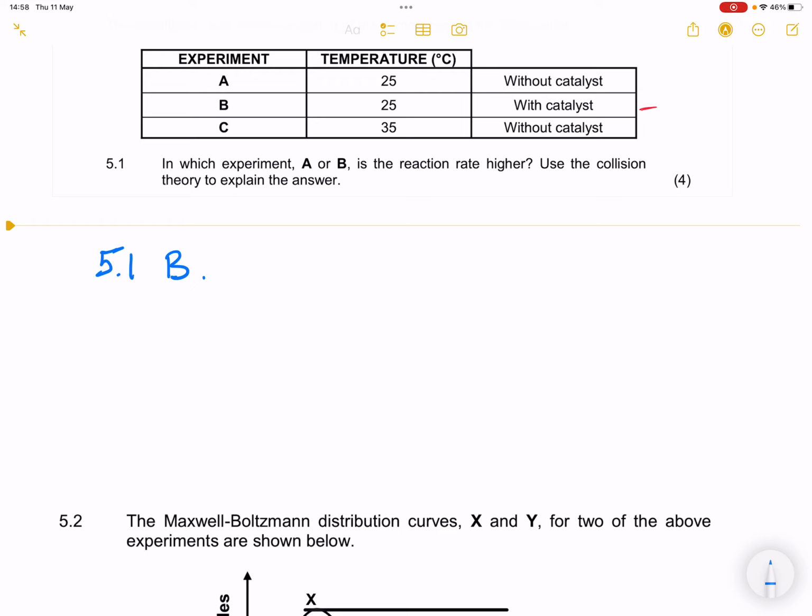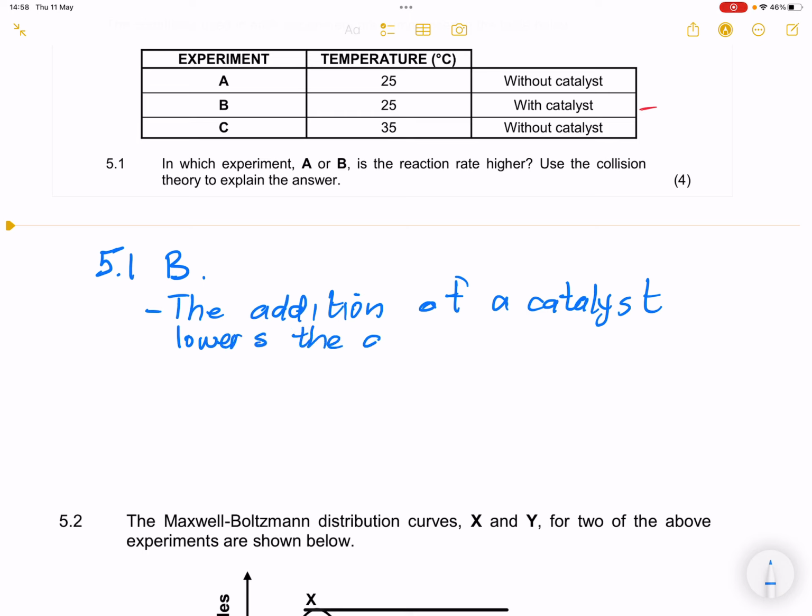So now, what happens when I add a catalyst? Remember that the addition of a suitable catalyst lowers the activation energy of the reaction. What does that do?